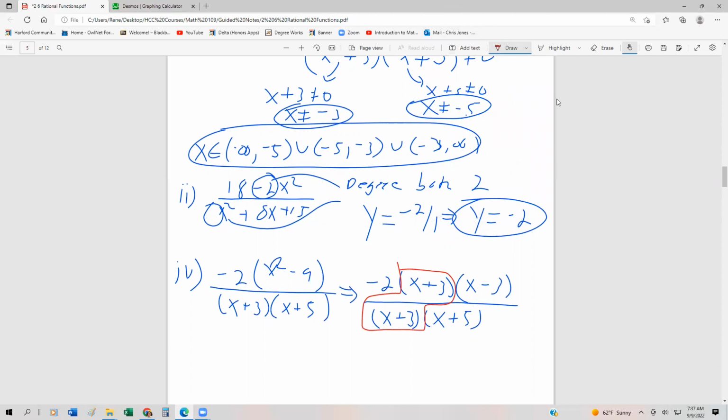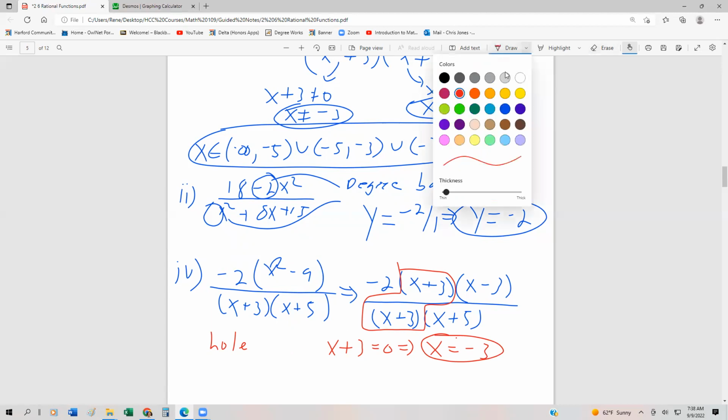So that means that there is a hole in the function. There's a hole when x plus 3 is equal to 0, or when x is equal to -3. So that's where the hole is.